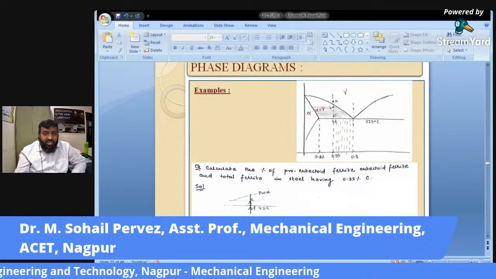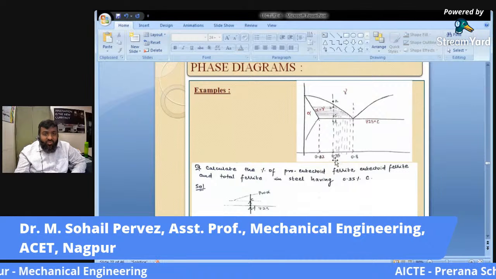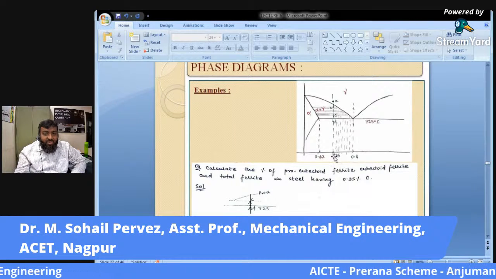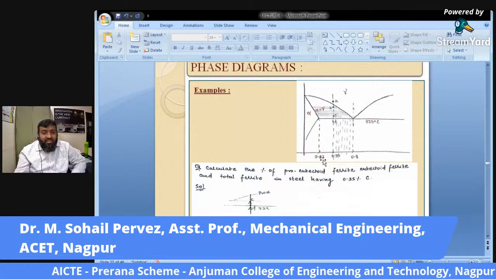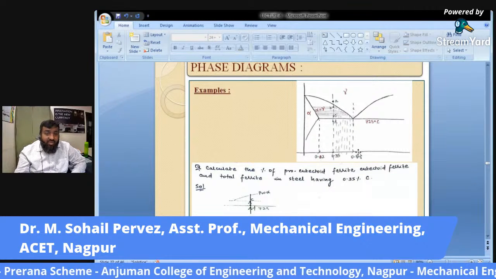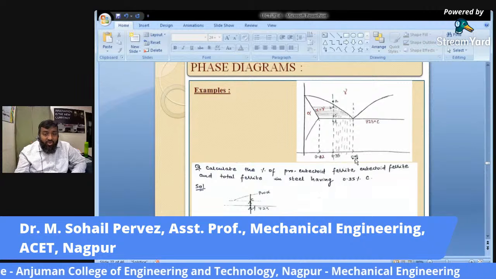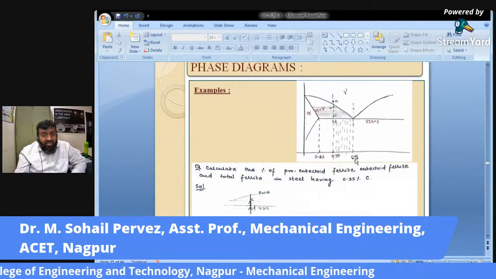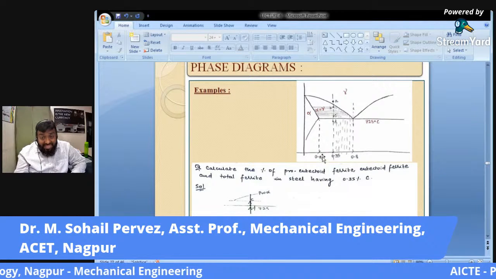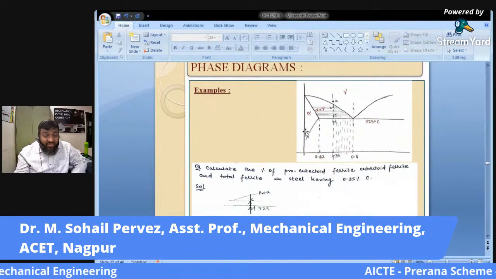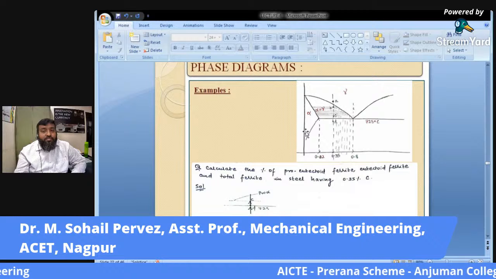Alpha is there. So in that case 0.8. What is this 0.8? This is C0. So C alpha minus C0 upon C alpha minus, yes, this percentage of carbon which is associated with alpha.